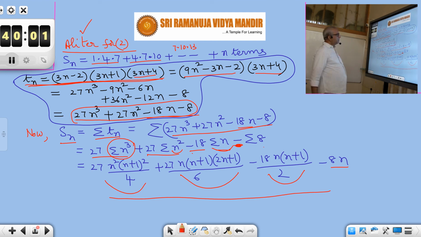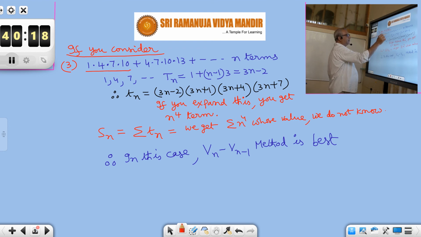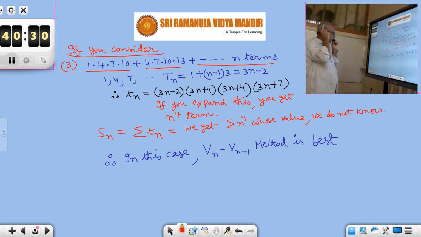But here I want to mention one point that is there in the next page. Okay. If you consider the next problem, that is 4 factors in each term. 1, 4, 7, 10, then 4, 7, 10, 13, etc. 4 factors in each term.